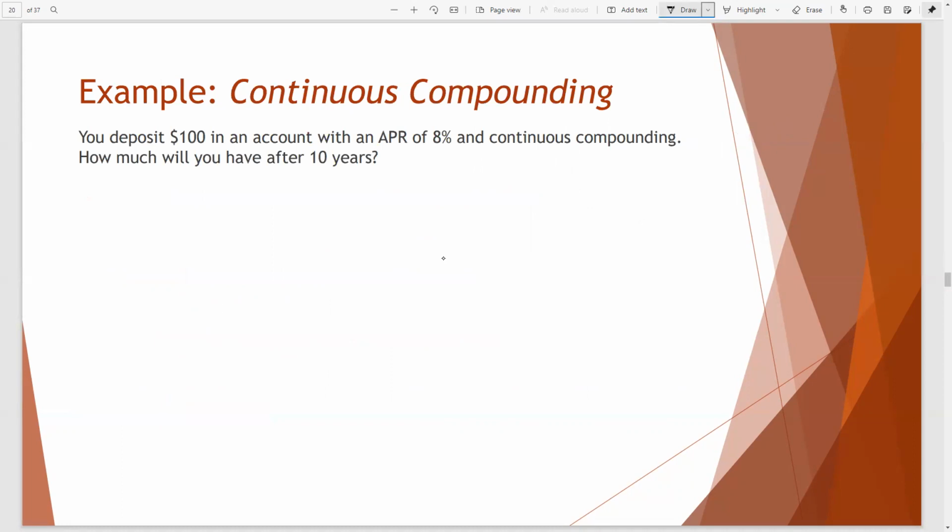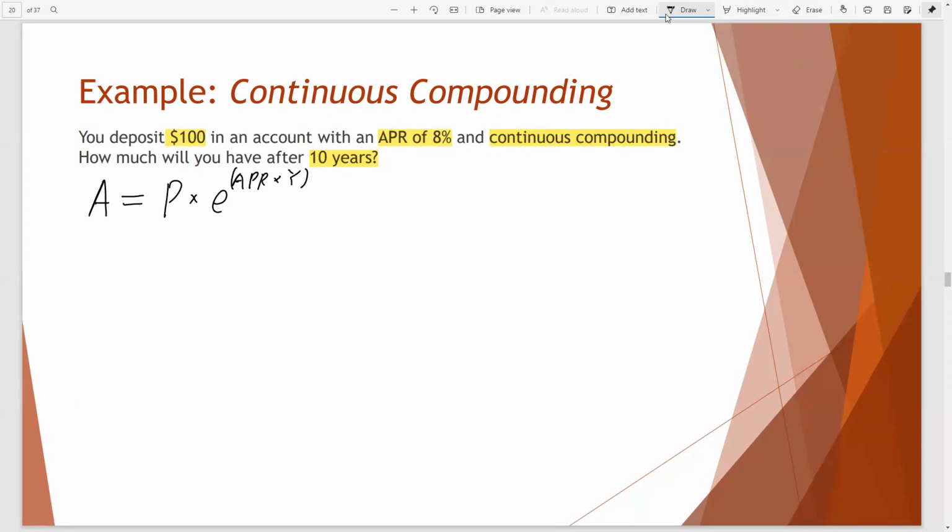Right, so let's see an example of continuous compounding. You deposit $100 in an account, APR of 8% with continuous compounding, and you are asked for the amount you get after 10 years. Continuous compounding is a slightly different formula, and the power is a little bit shorter.